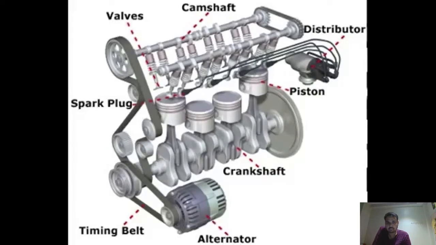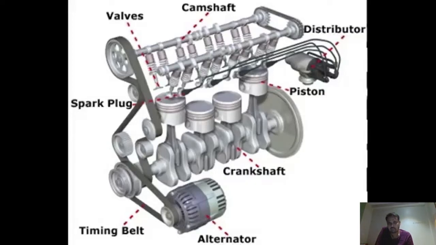The timing belt that connects the alternator and crankshaft and camshaft is just a belt so that they all run in unison. All in all, the motion of the entire system comes from the pistons moving up and down from the explosions inside.